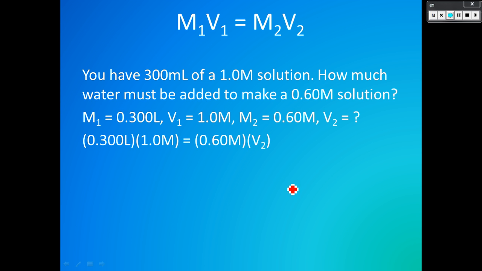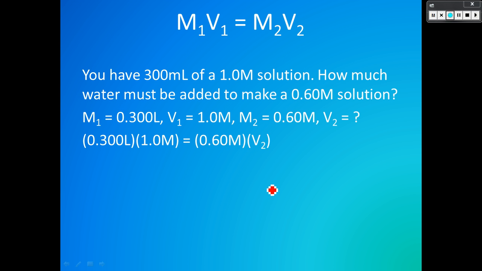So I'm going to set that up this way. Actually, pause it. I mean, at this point you've seen the equation, but go ahead, pause it, set it up, solve for it, and then see if your answer is right. So 0.300 liters times 1 molar equals 0.60 molar times V2.